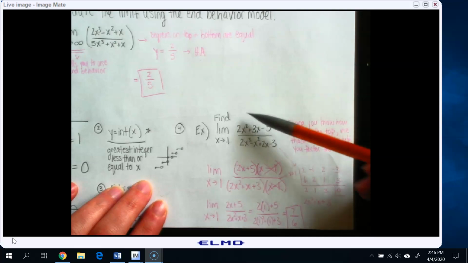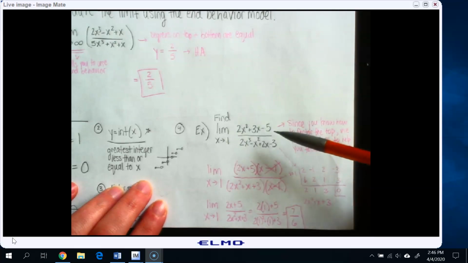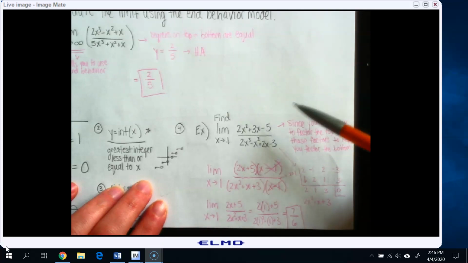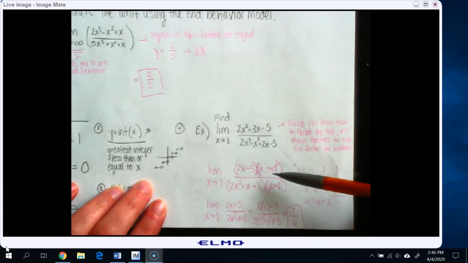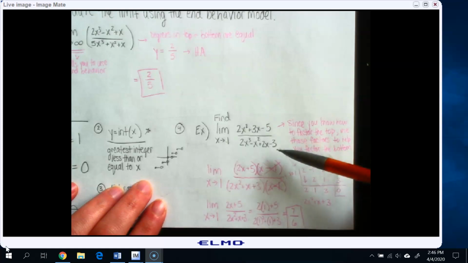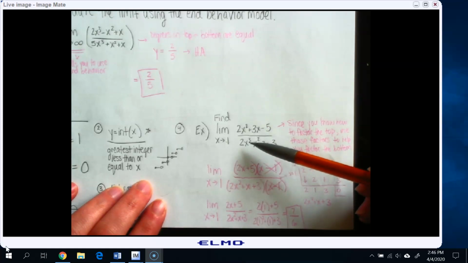Now the top we should know how to factor because that's a quadratic. You can do guess and check, which is the method I use, or you can do split the middle, whichever works for you. Some of my students do slide and divide. Whatever works, but this is something we should be able to factor. Right, 2x plus 5x minus 1. The denominator, on the other hand, since it's a cubic, we would have to factor it by grouping, and grouping won't work here.